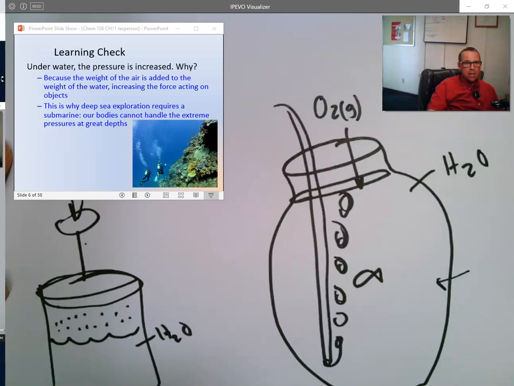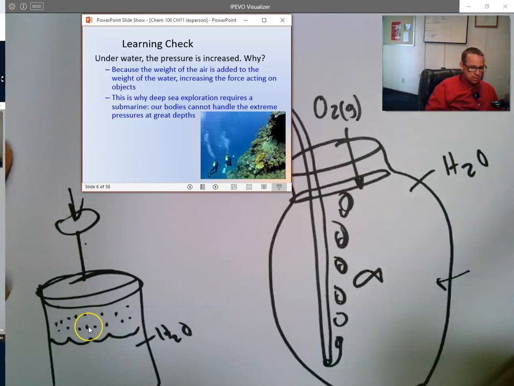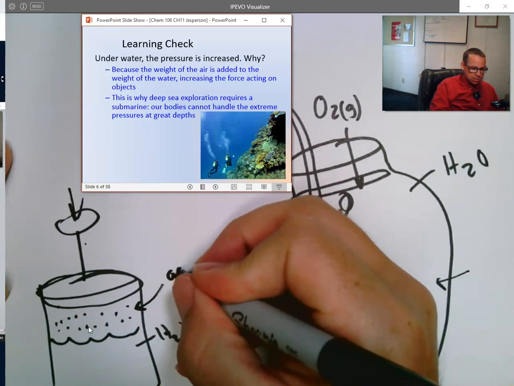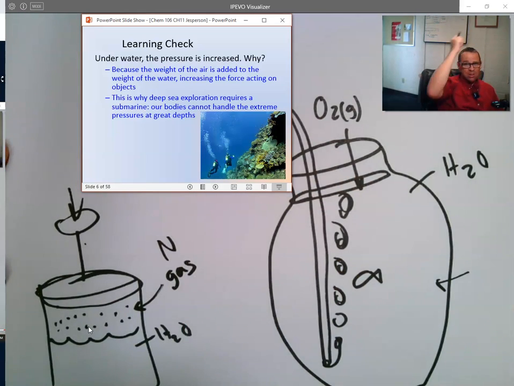That's a possibility. I can dissolve more gas. This is the gas. If it's air, you know, what's in air? Do you guys know what's in air? What is the gas that we're always breathing? Give me some answers in the chat down there. What are some of the gases that are in the air that I'm breathing?